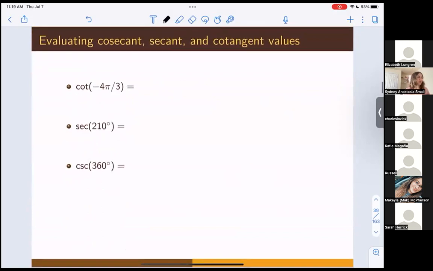Just in evaluating these. Okay, I want the cotangent of negative 4 pi thirds. So drawing a picture up here, I know that theta here is negative 4 pi thirds, because this is where theta goes. So the angle in consideration is negative 4 pi thirds. We go around this way, we're at negative 3 pi thirds and one more pi third up here is negative 4 pi thirds. Negative 4 pi thirds is kind of a nasty angle.